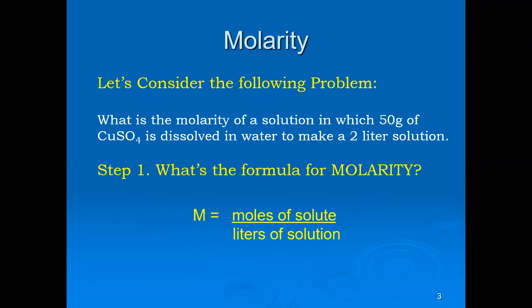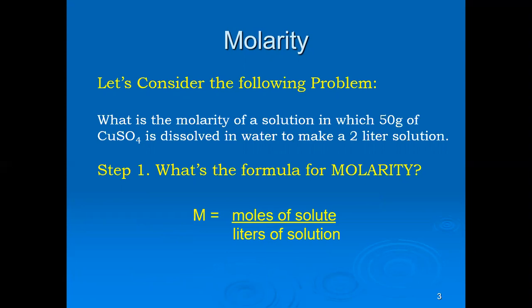Now you would understand in detail by considering this example: what is the molarity of a solution in which 50 gram of copper sulfate is dissolved in water to make a 2-liter solution?